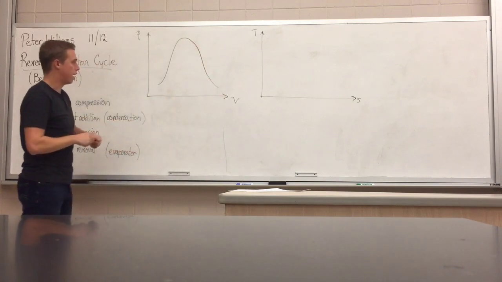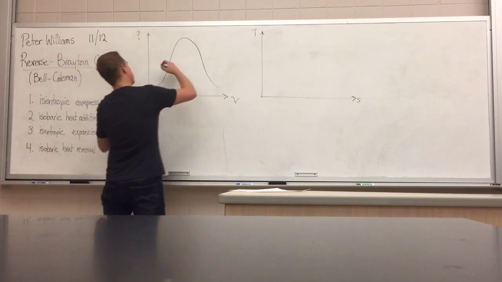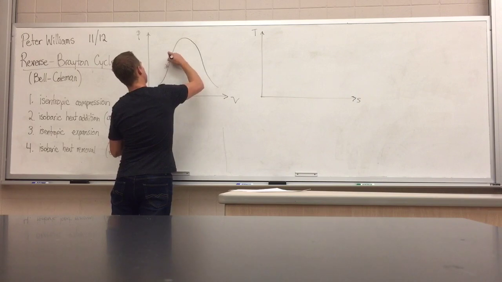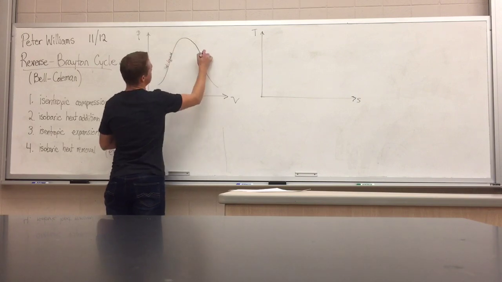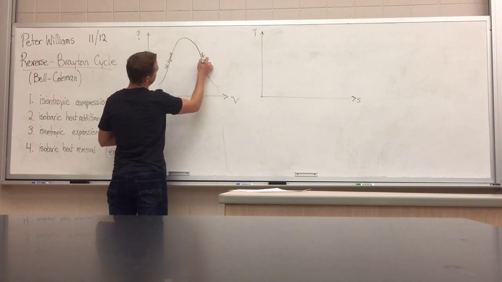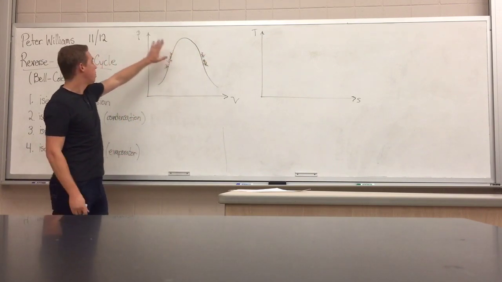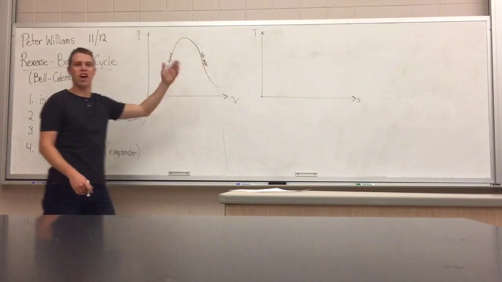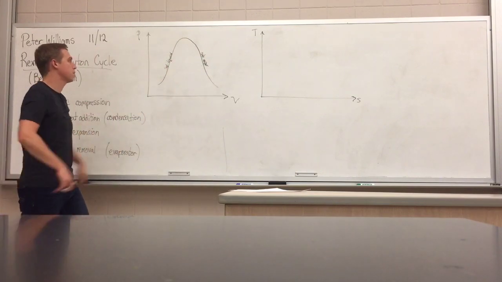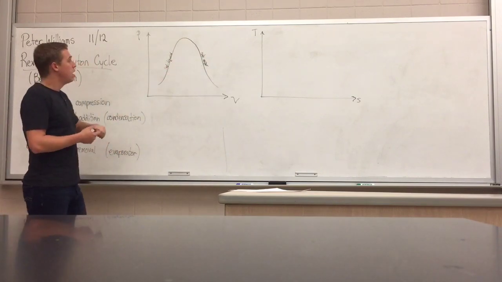We're pretty familiar with that. This is the saturated liquid line, and this is the saturated vapor line. Okay? And then in the middle is the mixed state. On this side is liquid, on that side is vapor. You've had this on tests, you remember this. Okay? So let's sketch that in.